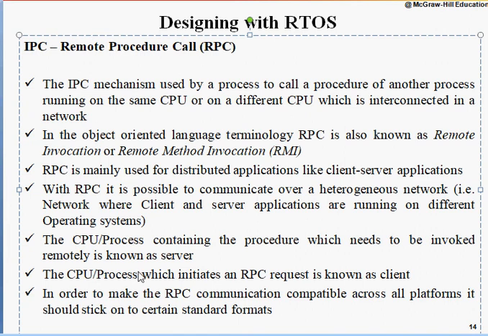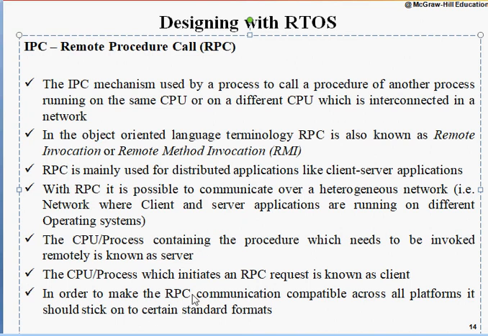Okay, we call one the server and the other the client. The process containing the procedure which needs to be invoked remotely is known as the server. The one which requires the service is known as the client, and the one process which has the service is known as the server.